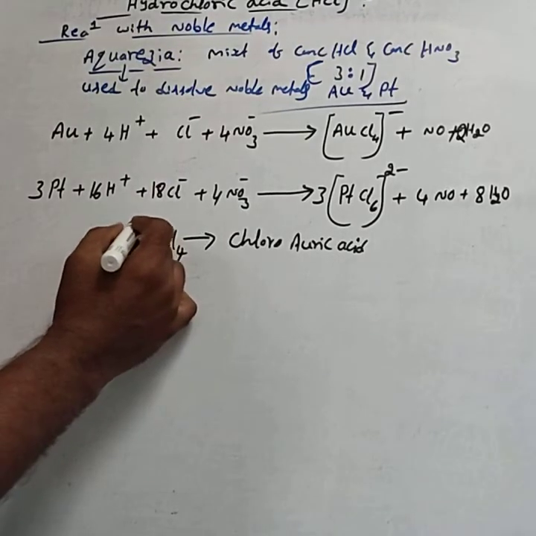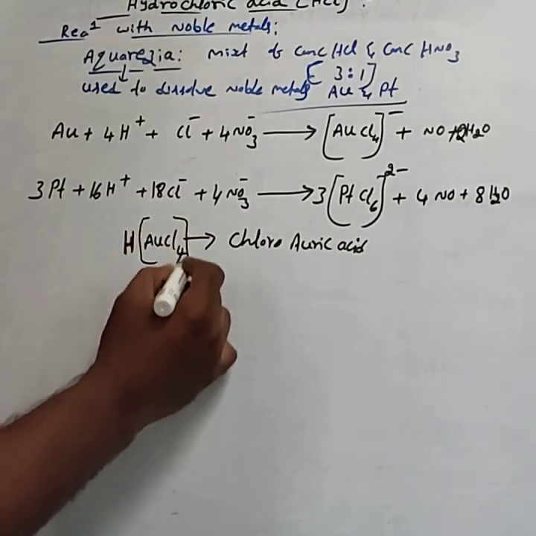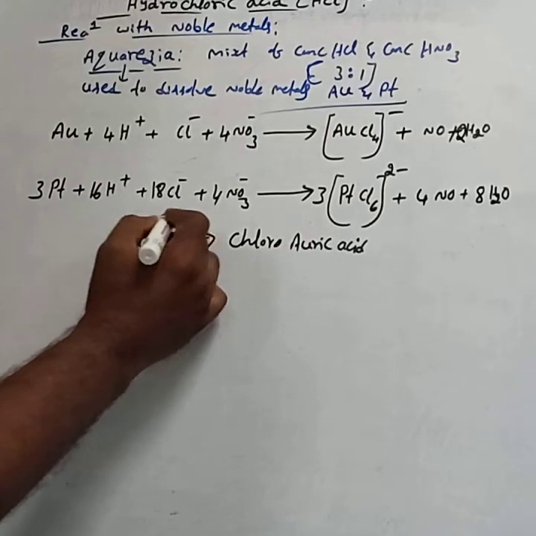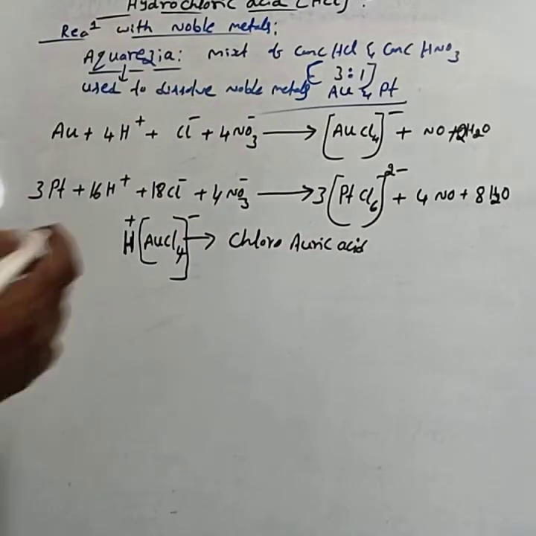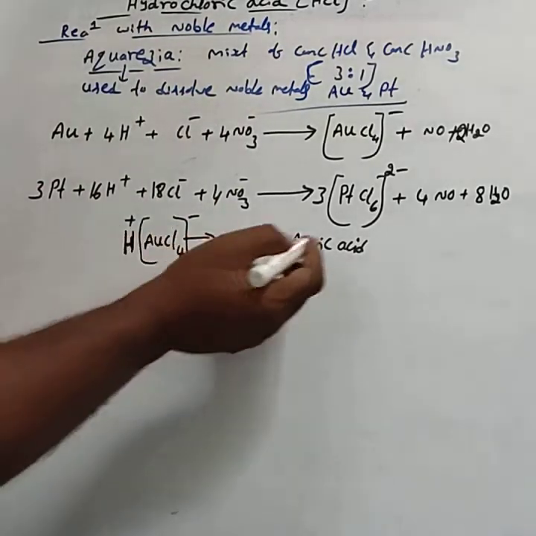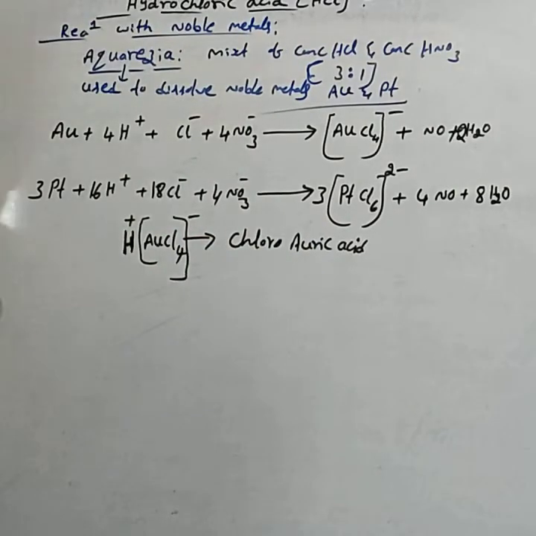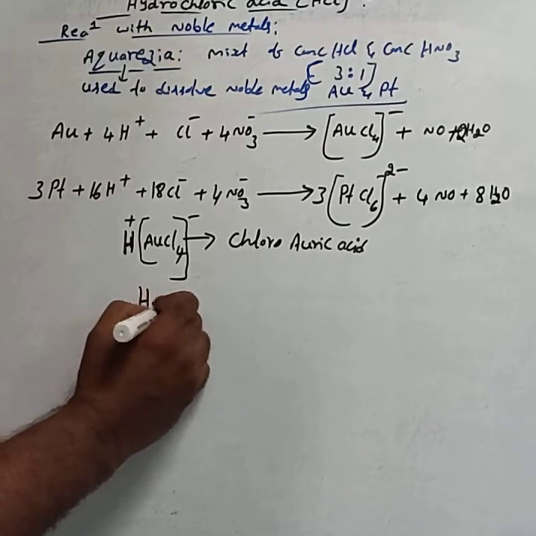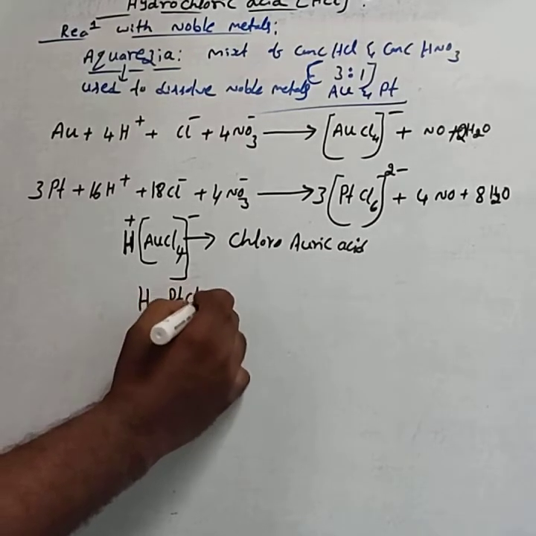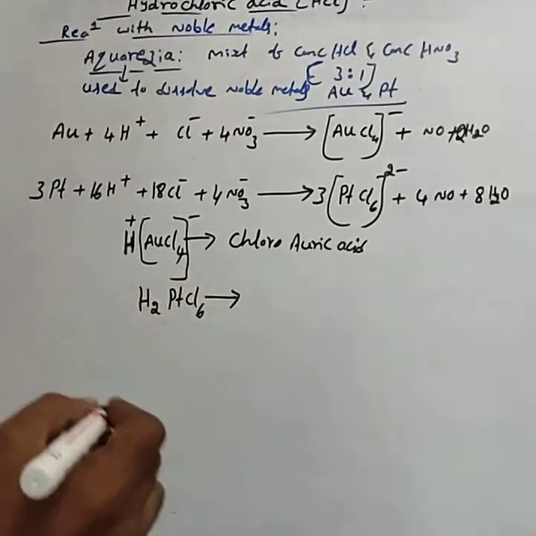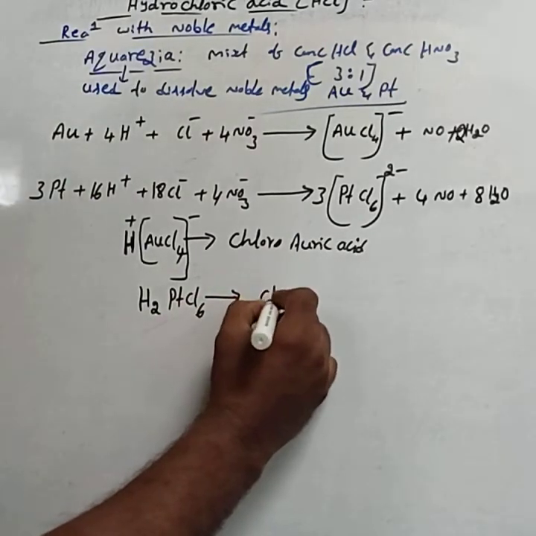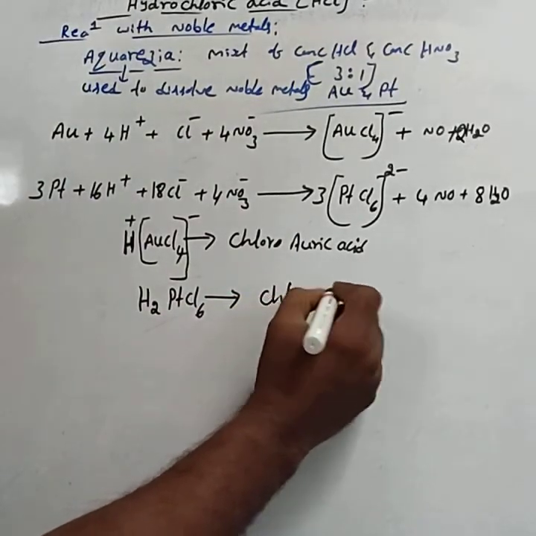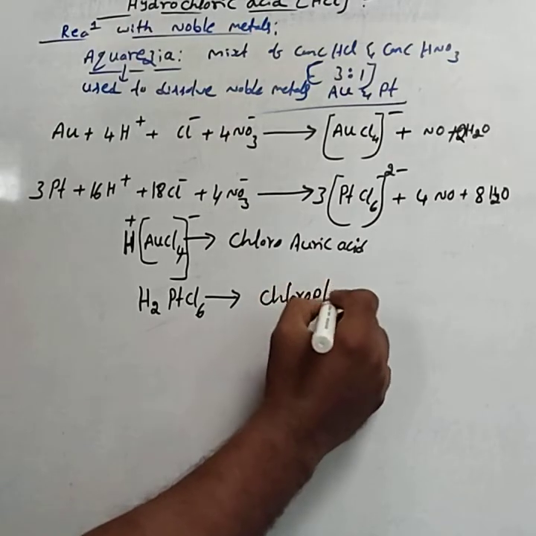If you separate this H, the H charge is +1 and hence this complex gets the -1. Similarly, platinum dissolves to form H2PtCl6. This is called chloroplatinic acid.